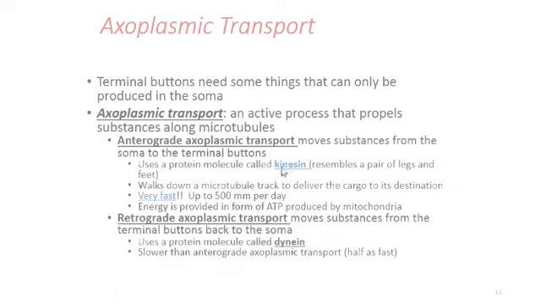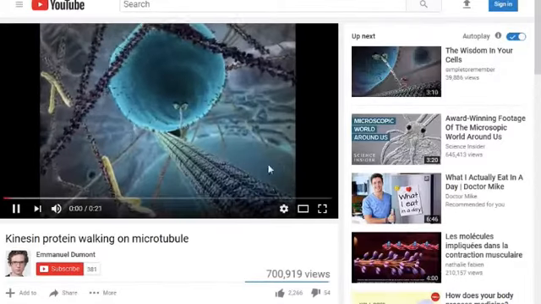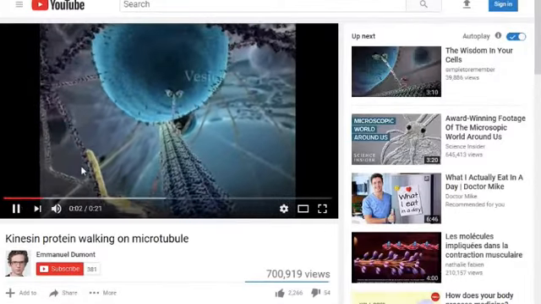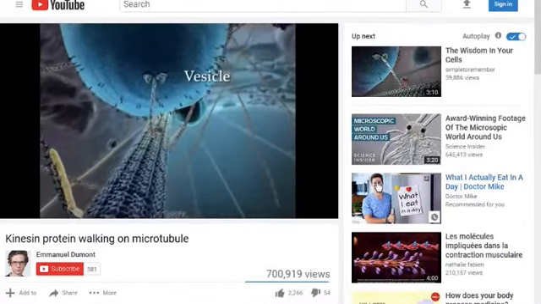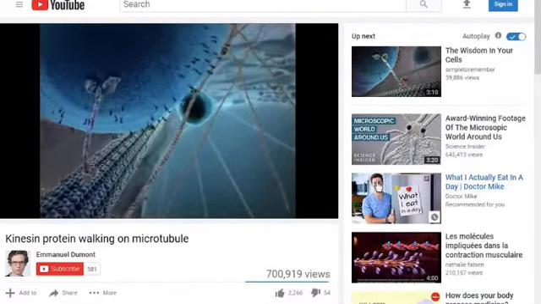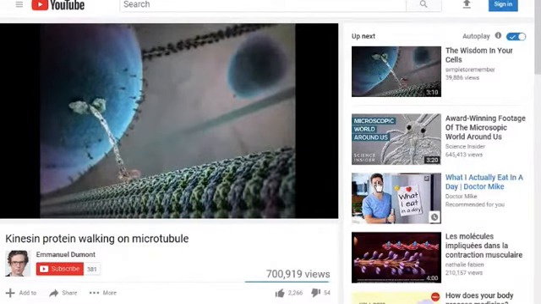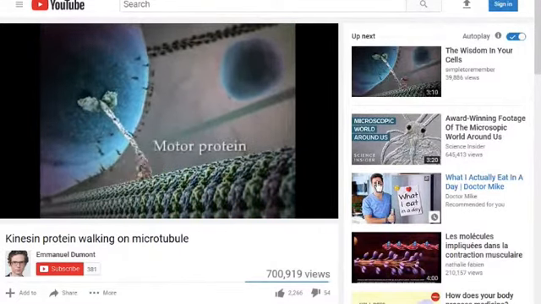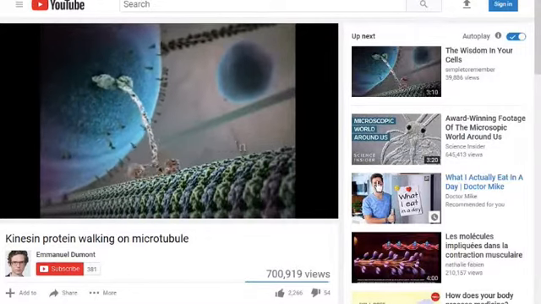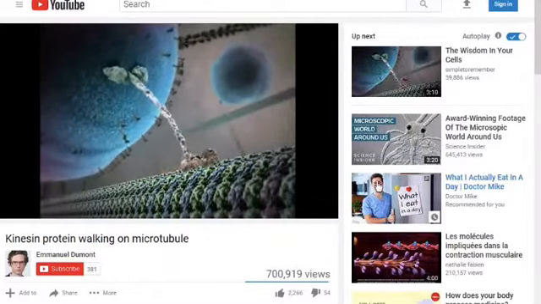And here I think I should have a link to this. This is a kinesin protein that's walking along a microtubule and carrying a synaptic vesicle. And that's essentially how it moves along. It kind of walks just like that.